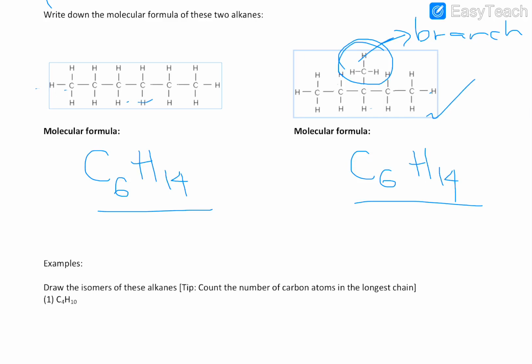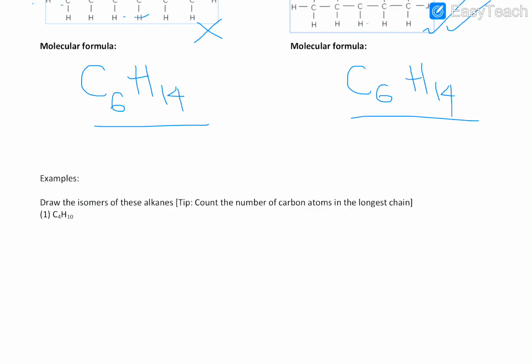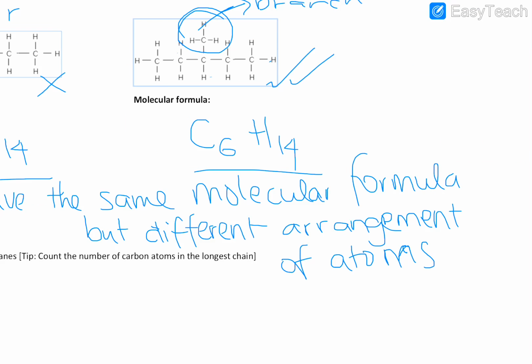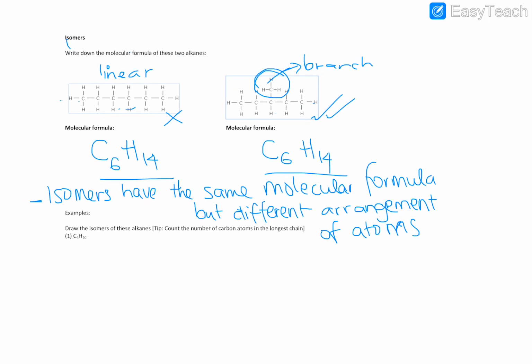So here it's a branched molecule, here it's not a branched molecule. This is a linear molecule. Linear. Okay, so what are isomers? Isomers have the same molecular formula but different arrangement of atoms in space. Okay?